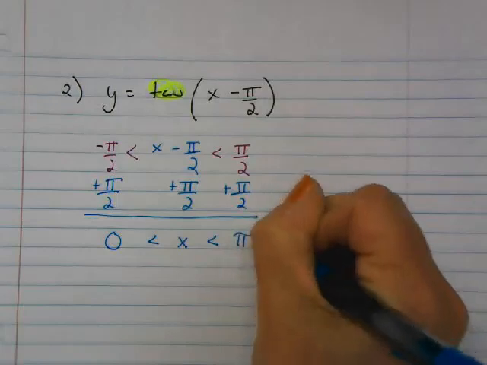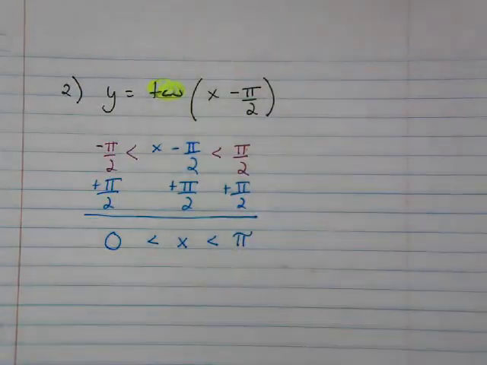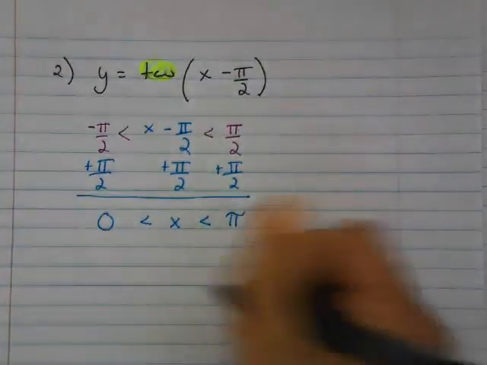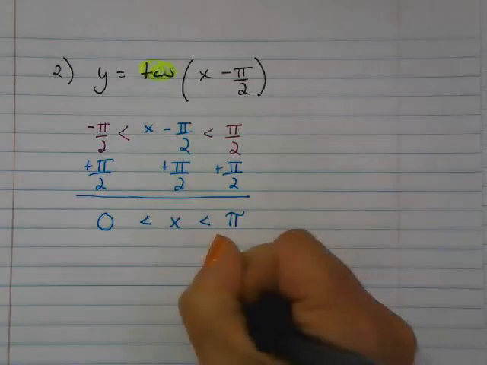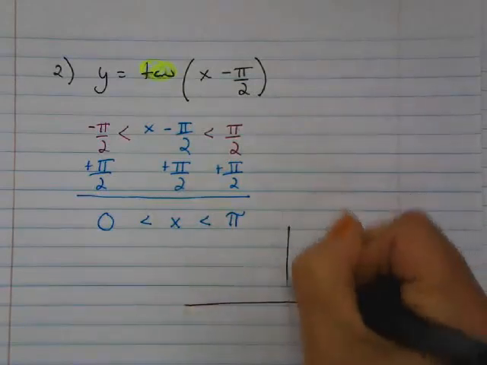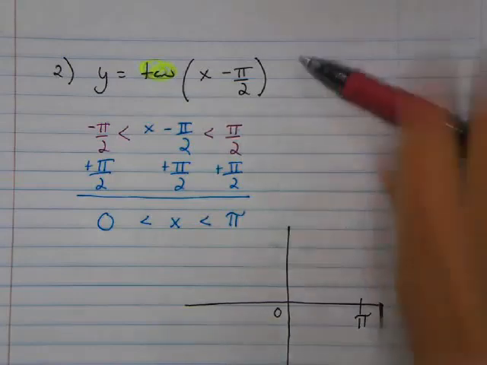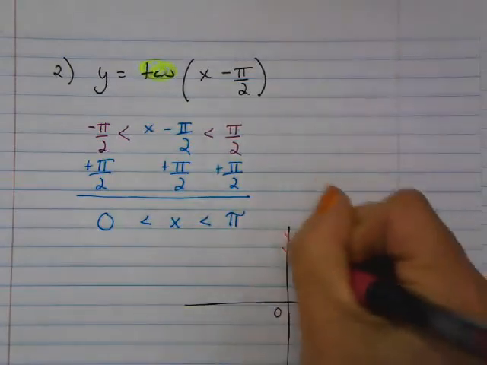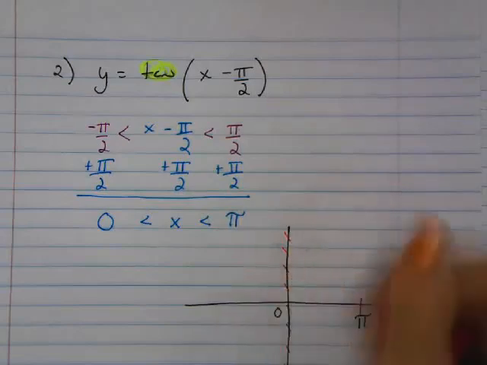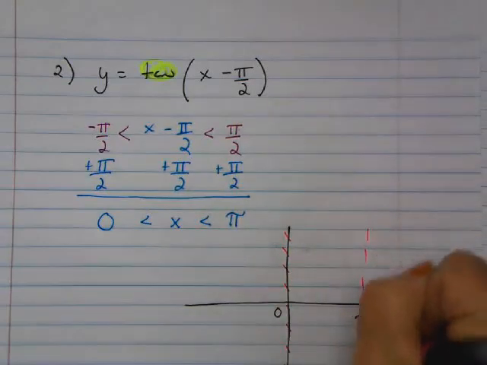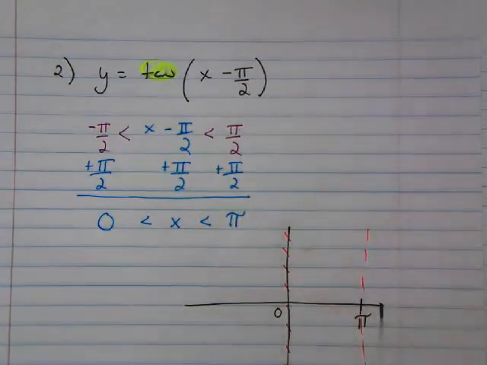Zero, pi. Whoops. Great day, throwing pins everywhere. So there's one vertical limitation. Here's the other. At this point, I need you to take between 0 and pi and divide it by 2. So 0 and 1, halfway between is 1/2, so pi over 2.